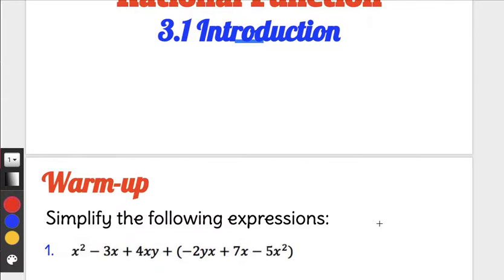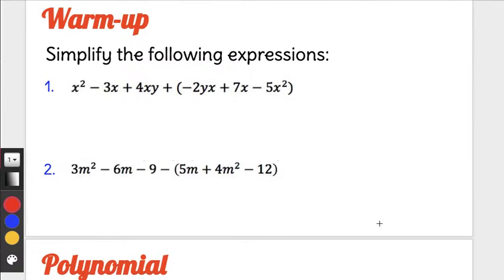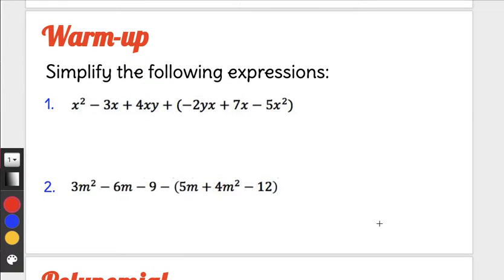Before we start, let's quickly do a warm-up question. We are going to simplify the following two expressions. You can definitely pause the video to see what you are going to do to deal with these two expressions. Some students already figured out we are going to use, yes, you're right, combine like terms. We're going to check each term to see if they have like terms and we just need to combine them.